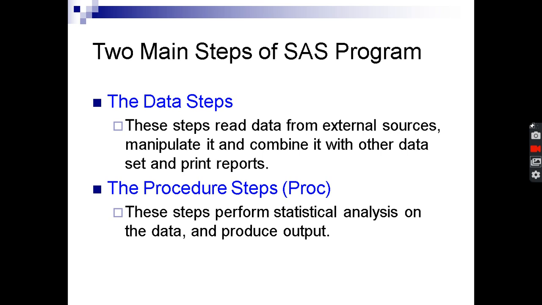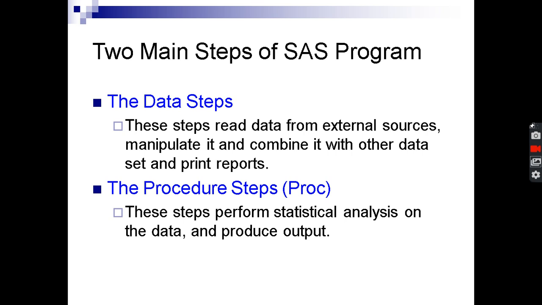So in a SAS program, there are 2 important steps. One is the data step, and the other is the procedure step. In the data step, basically we handle the data. We read data from external sources, change it, combine it if you want with other data sets, and you can print the results.